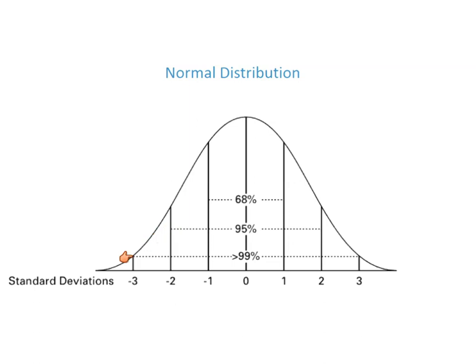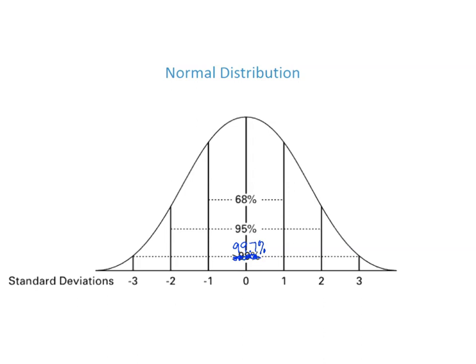And the probability that a value will fall within 3 standard deviations is actually, I'm going to change this, it's actually 99.7%. So that's the probability that a value in a normally distributed curve will fall within 3 standard deviations.